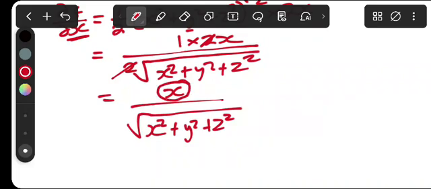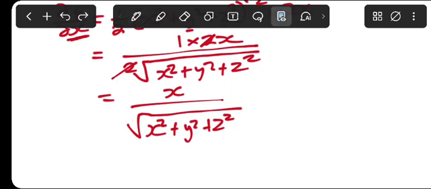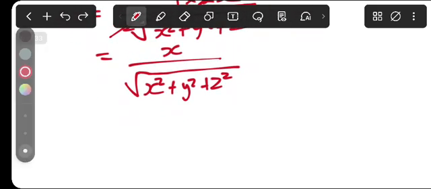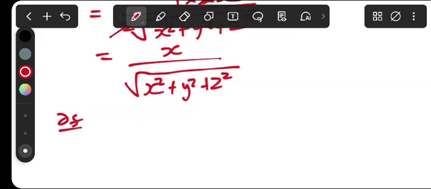Let us take one so that you'll see this is just a repeating process. Now I want us to take the partial derivative of f with respect to y.